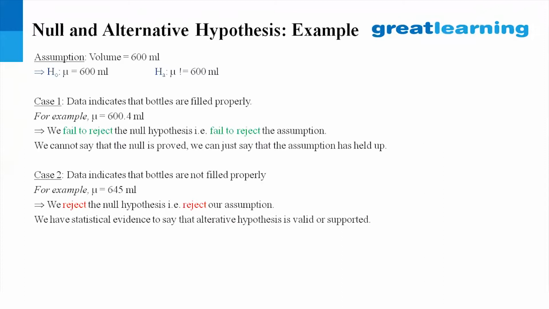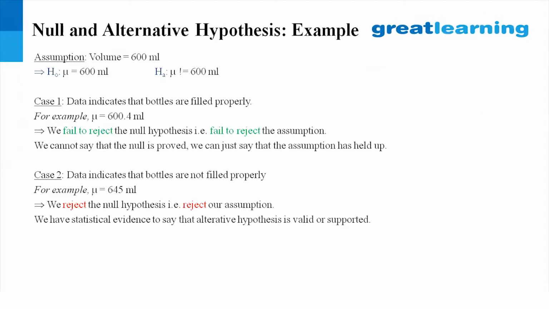But you also cannot reject it because there is only a deviation of 0.4, which is very likely to happen since you do not have the population data, you just have the sample data. So you cannot prove the null hypothesis, but you also cannot reject it because there is only a slight deviation. So we say that we are failing to reject the null hypothesis because we are allowing some level of tolerance.